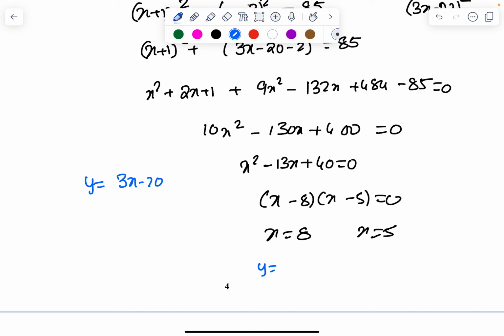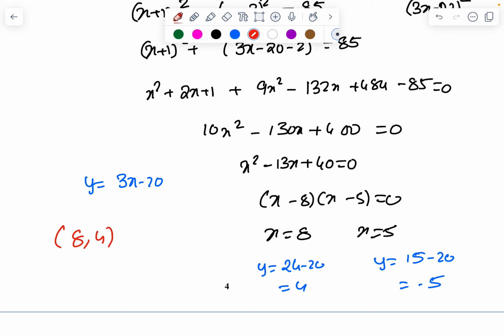So y equals 24 minus 20, which is 4. y equals 15 minus 20, which is negative 5. So what are the points? 8 comma 4 and 5 comma negative 5.